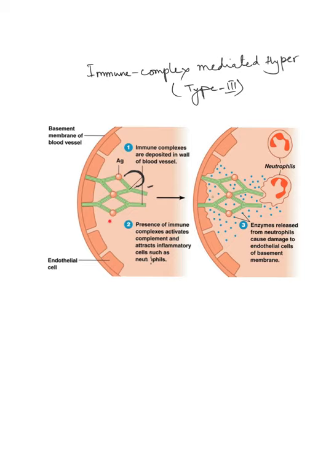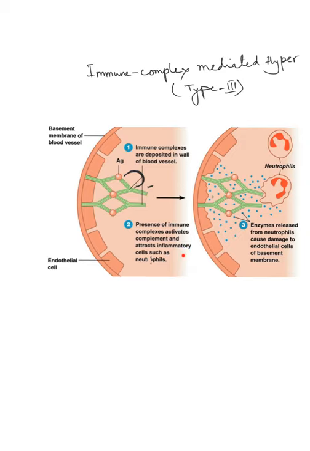What happens? Because of the presence of this immune complex, this will activate complement. As you know, complement activation in the classical pathway happens when an antibody and antigen complex is formed. So there will be activation of the complement, and this leads to attraction of inflammatory cells to the site.